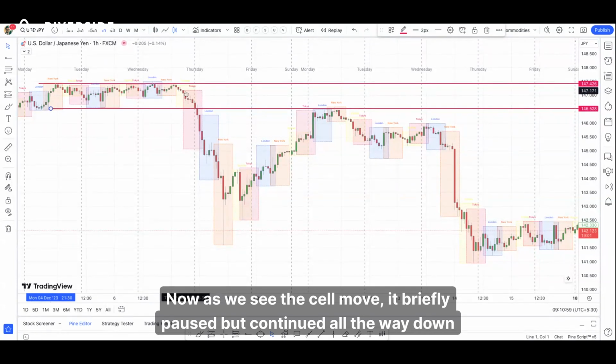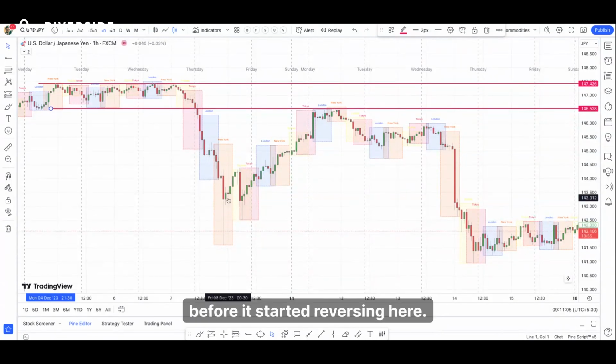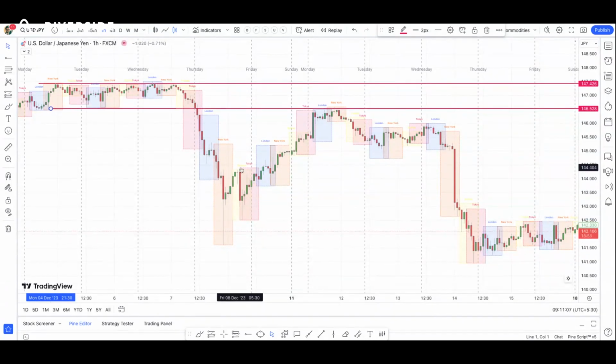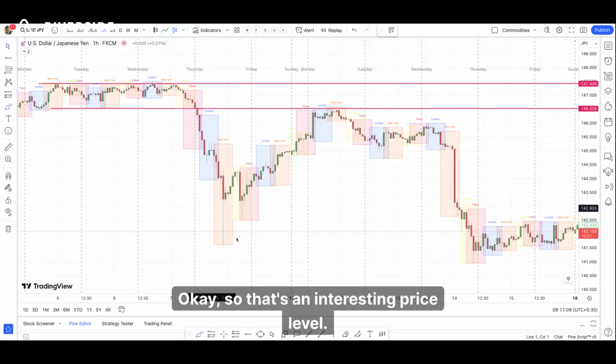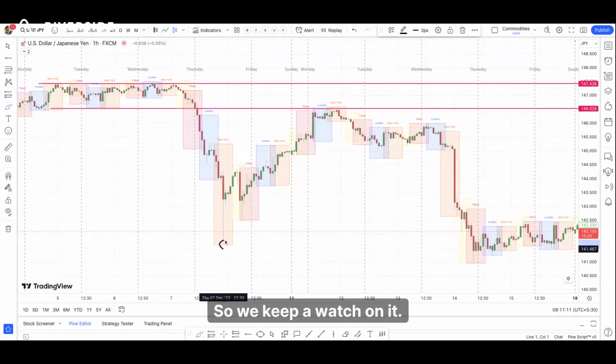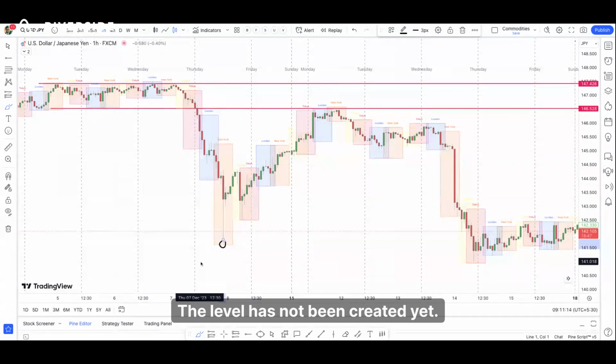Now, as we see, the sell move briefly paused but continued all the way down before it started reversing here. That's an interesting price level, so we'll keep a watch on it. That level has not been created yet.